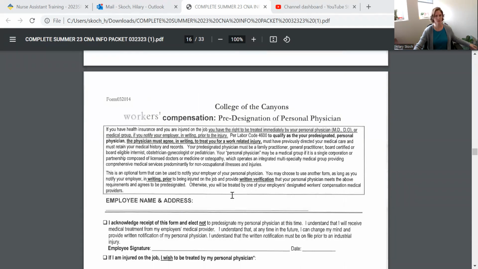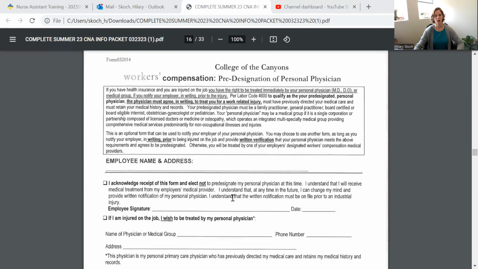So that brings us to page 16. This is a pre-designation for either your personal physician or that you elect to use one of the clinics designated by the district.